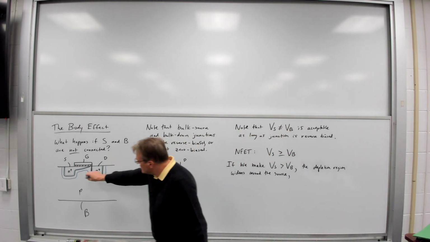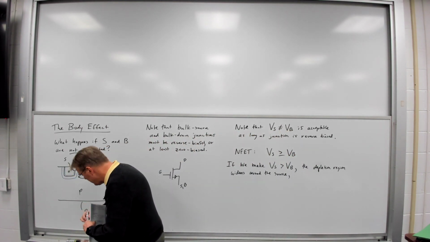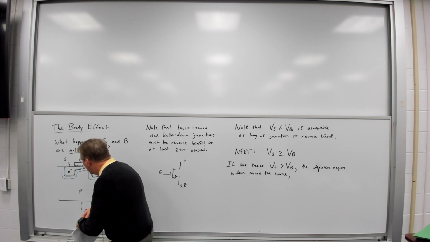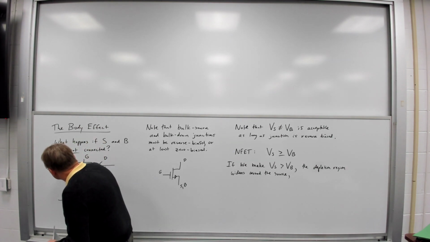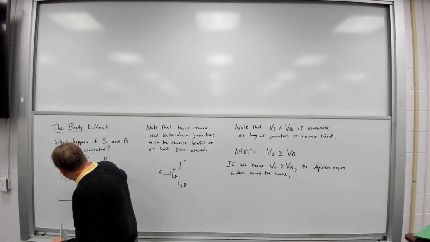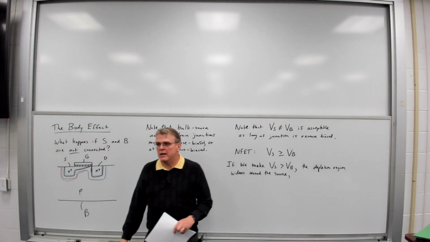In turn, as we widen this depletion region, we also tend to widen it around the channel that's near the source.